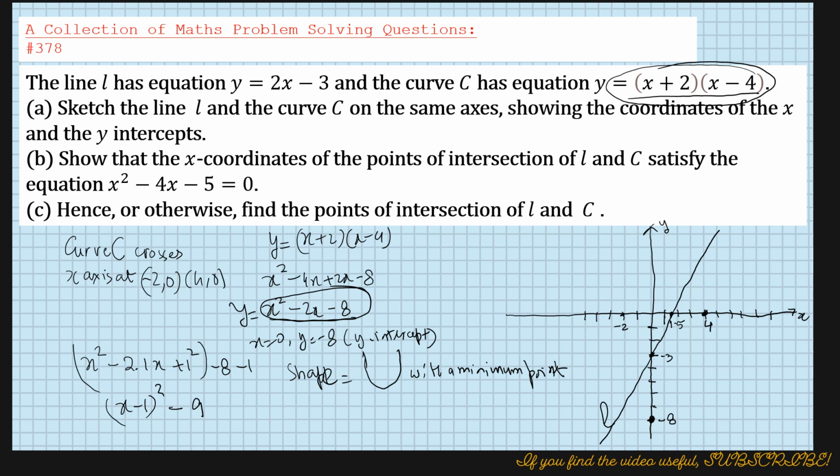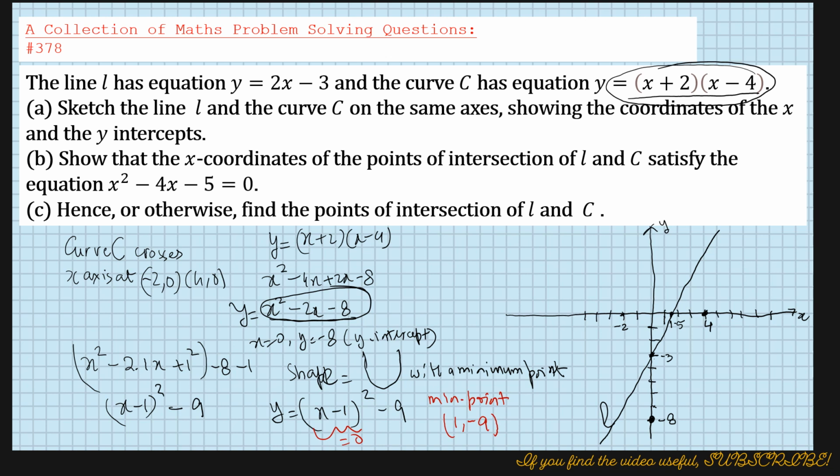The minimum point is going to be when (x minus 1) whole squared is 0, where y would be (x minus 1) whole squared minus 9. This would be 0 when x is 1. So the minimum point would be x is 1, y is minus 9.